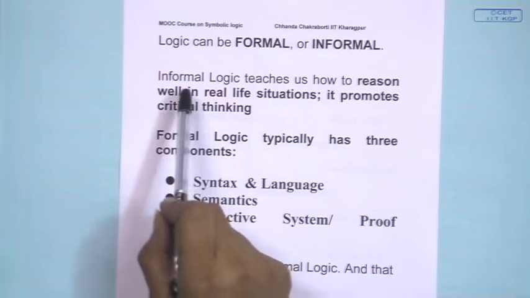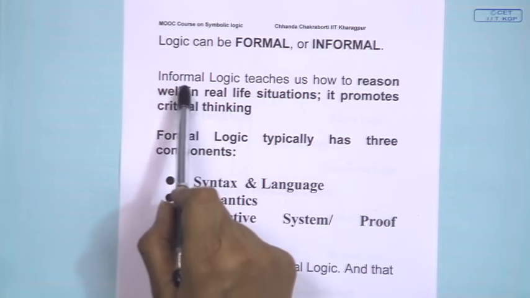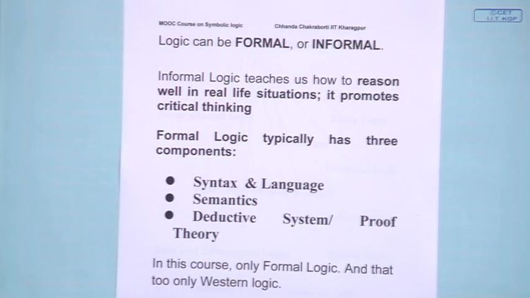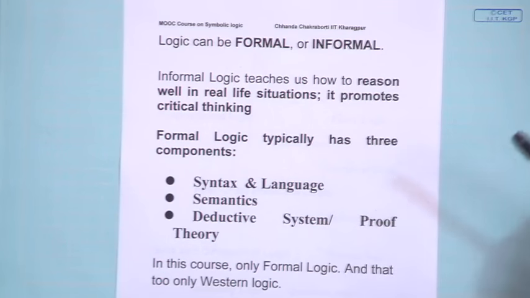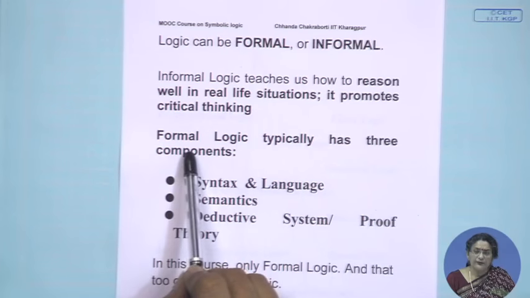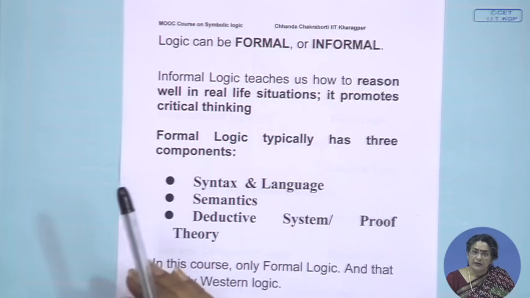So in a way, there you are going to get help from informal logic, because it teaches how to reason well in real life situations, how to apply critical thinking. This is an important skill that informal logic teaches. On the other hand, formal logic is something else.